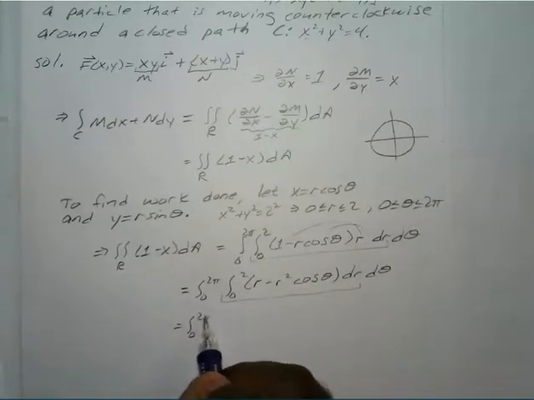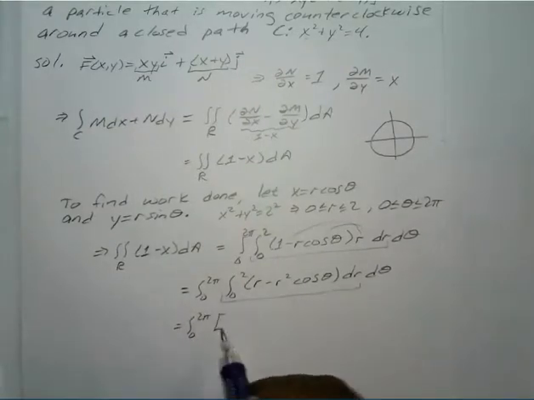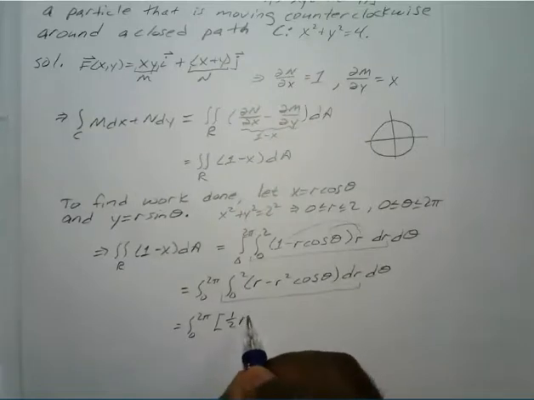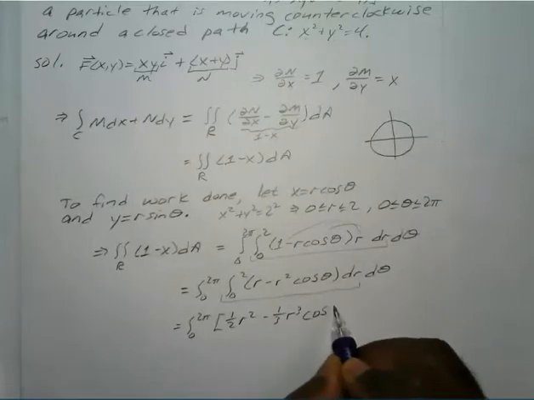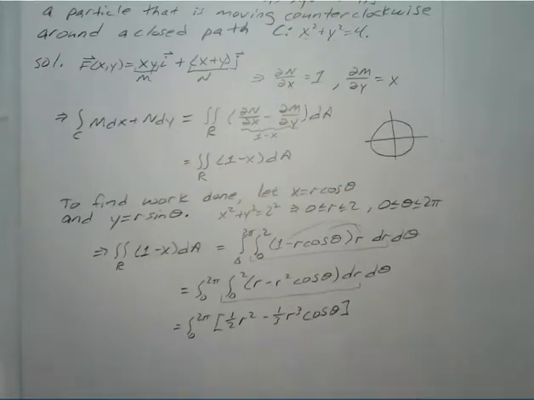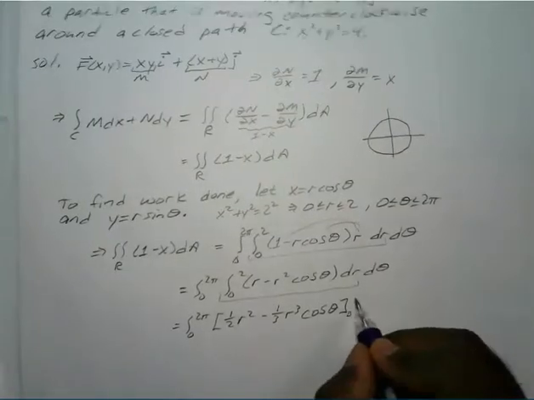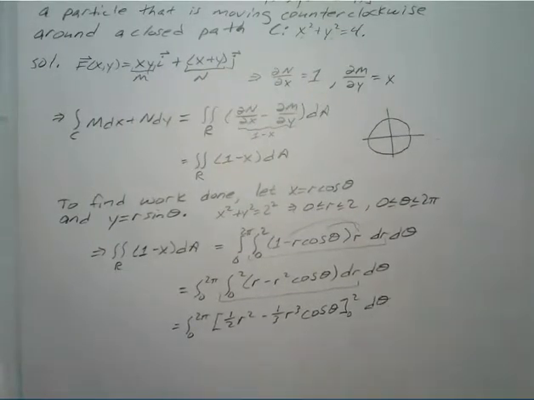From 0 to 2 pi, we end up with 1/2 r squared minus 1/3 r to the third cosine theta. And of course, that's from 0 to 2, and don't forget our d theta.